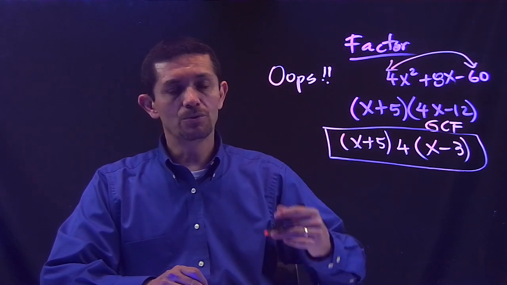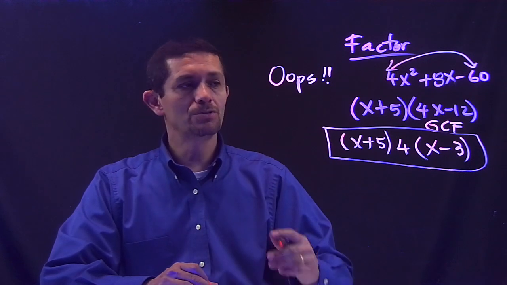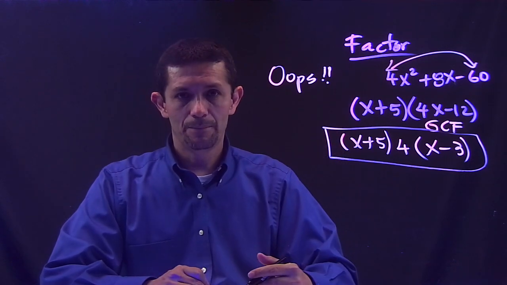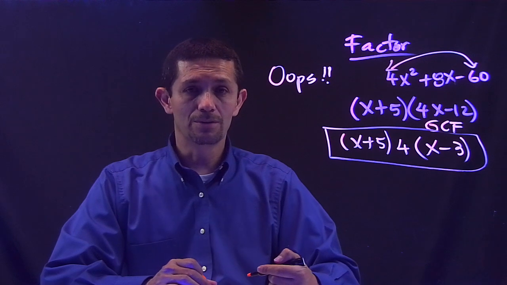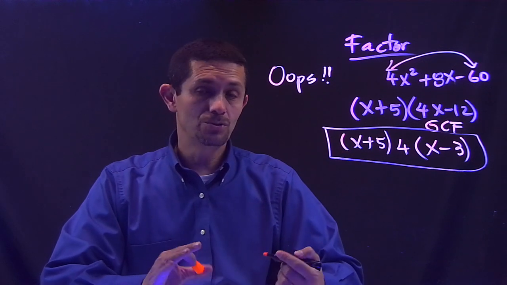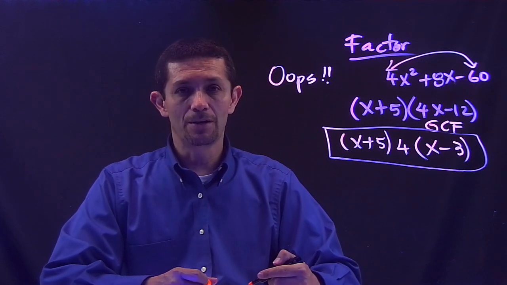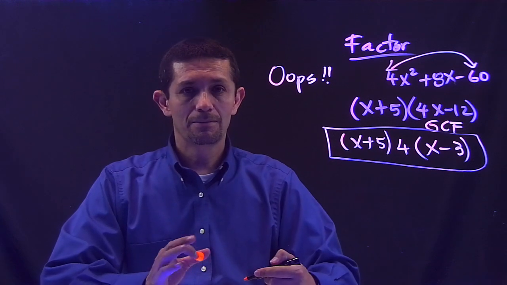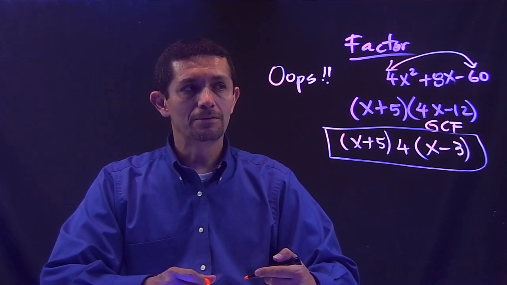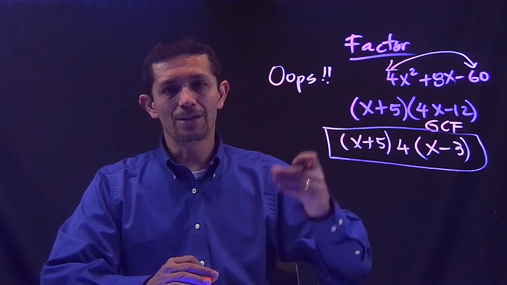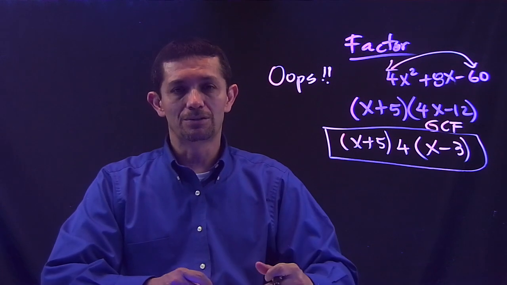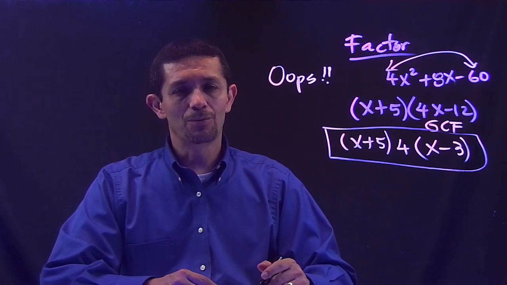The idea was to show you how to break down the numbers and go through all the process. But then I forgot the greatest common factor at the end, which I shouldn't have done. There's an easy, shorter way to do that. But again, I want to do it the long way so I can show you the process when you have those big monsters.